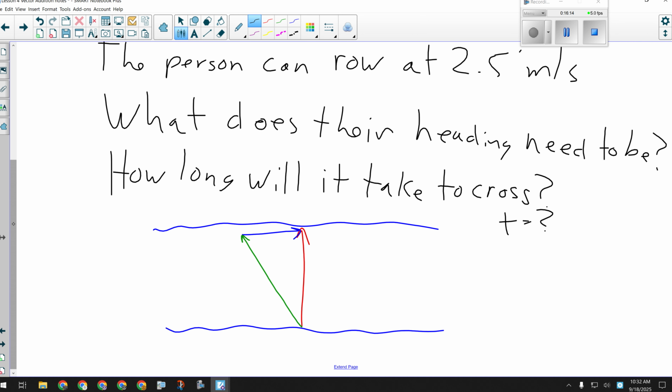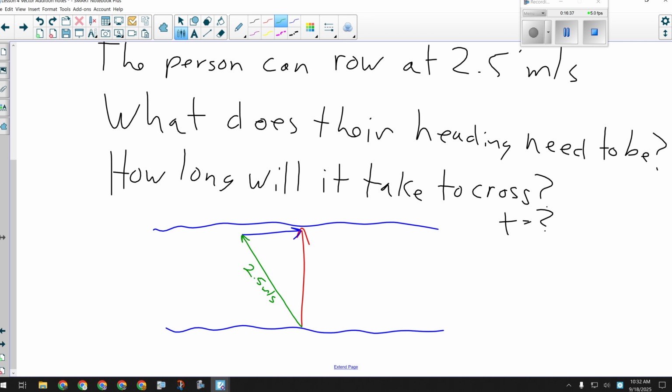No, if I row into the current, this is how fast I end up rowing, the red line. Okay, that doesn't mean I don't still do this part. Okay, I still go as hard as I can. This is still 2.5 meters per second. But if a drone was watching me, that's not what it would see. It would see me struggling straight across the river.